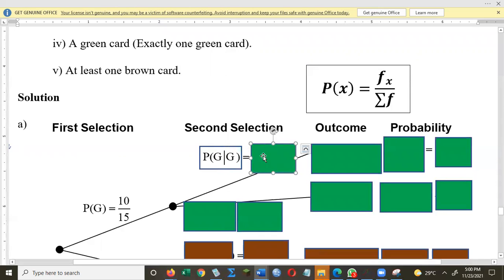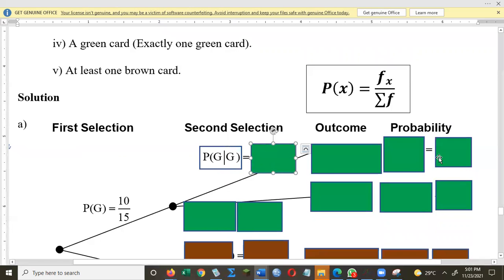She said it will be 9 over 15 because he will not be replacing the green card he selected if it was a green. He puts it on the side. So you're saying the container doesn't have 10 green cards anymore. How many cards does it have in the container now? How many green cards will be in the container? You say 9, right? And you keep your denominator as 15? You said 9 over 15.